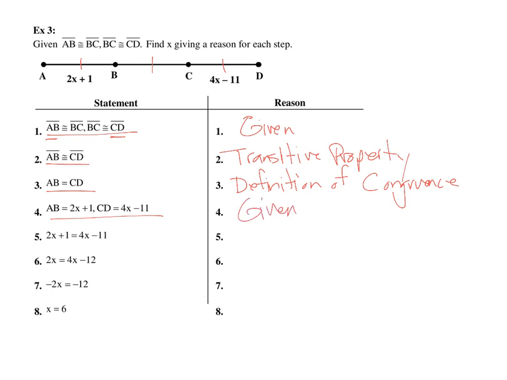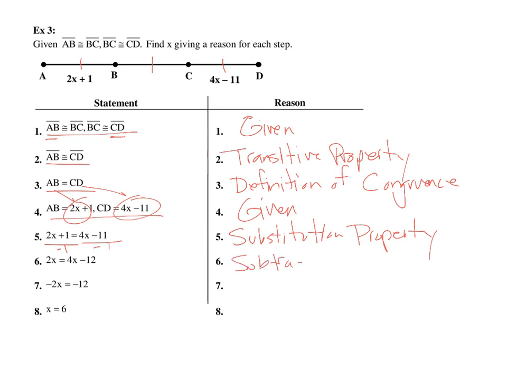All right, and the next statements, where did this come from? Well, they substituted this information in. The third statement, so this is simply the substitution property. Then what happens next? 1 was subtracted on both sides, so that's the application of the subtraction property.